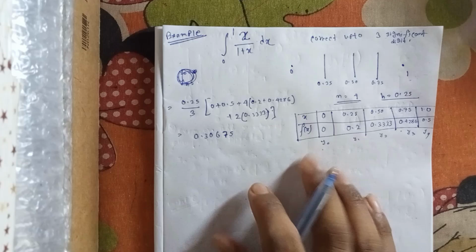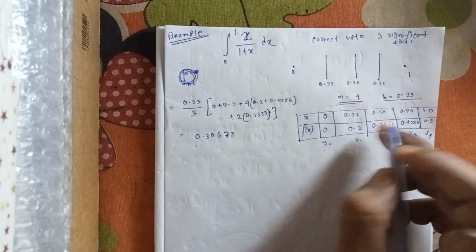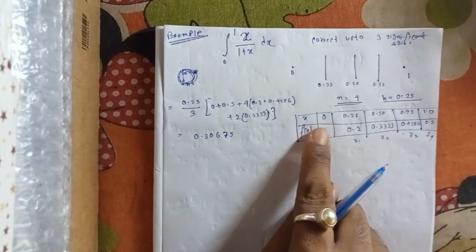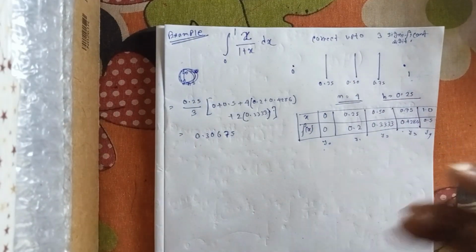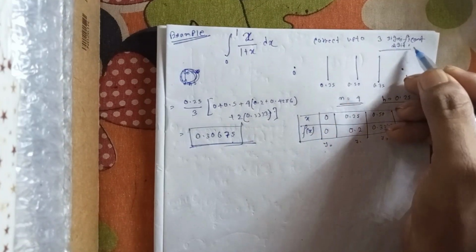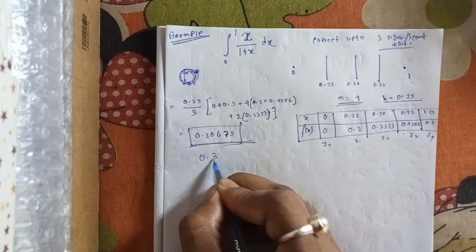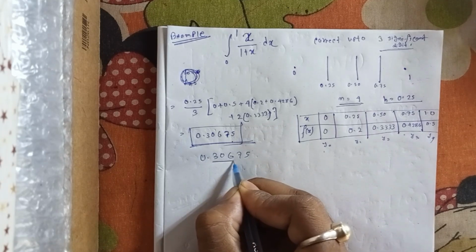Okay, so this is the formula and this is the table for x and y values by this function. If you put x equal to 0, 2.5 in this function, you will get the y values accordingly. This is the answer, but up to 3 significant digits. That's why 0.30675 up to 3 significant digits.